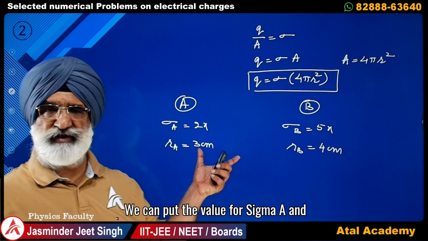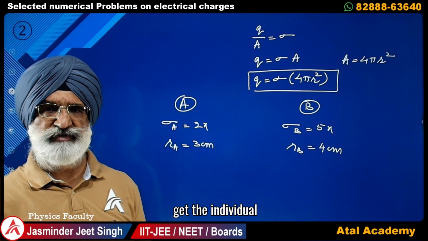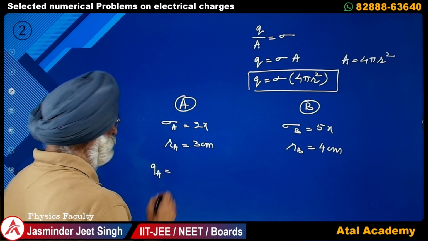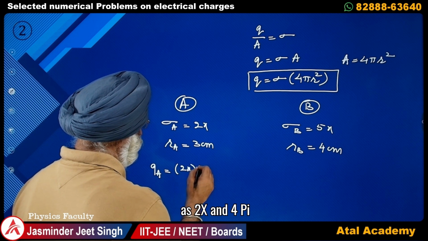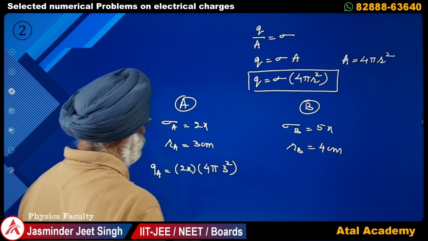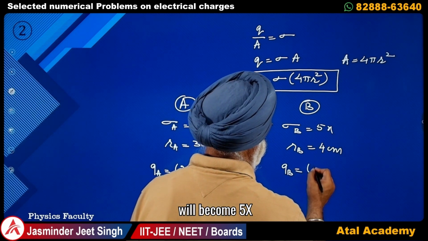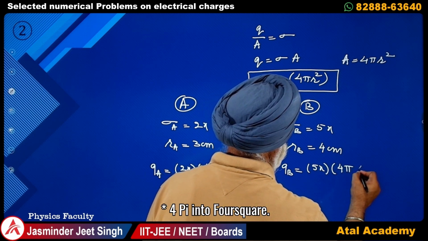We can put the values for sigma A and sigma B so that we can get the individual charges. The charge on A will be sigma A, which is 2x, into 4 pi into 3 square, and the charge on B will become 5x into 4 pi into 4 square.